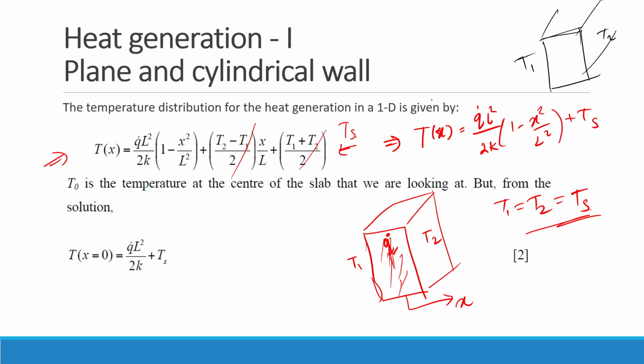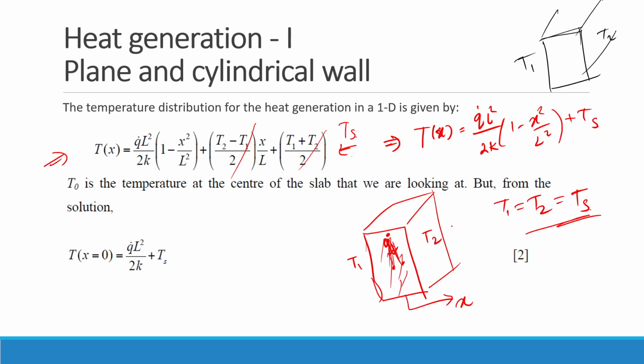Okay, so here you can see that the temperature is a function of x. An alternative way to represent this equation is this: we don't need to remember this entire temperature profile every time. What we can do is find the temperature at the center of this slab, and then use the formula that we will be deriving, that is the relation between the temperature at the center of the block and the surface, in order to find the temperature difference between the center of the block and any x.